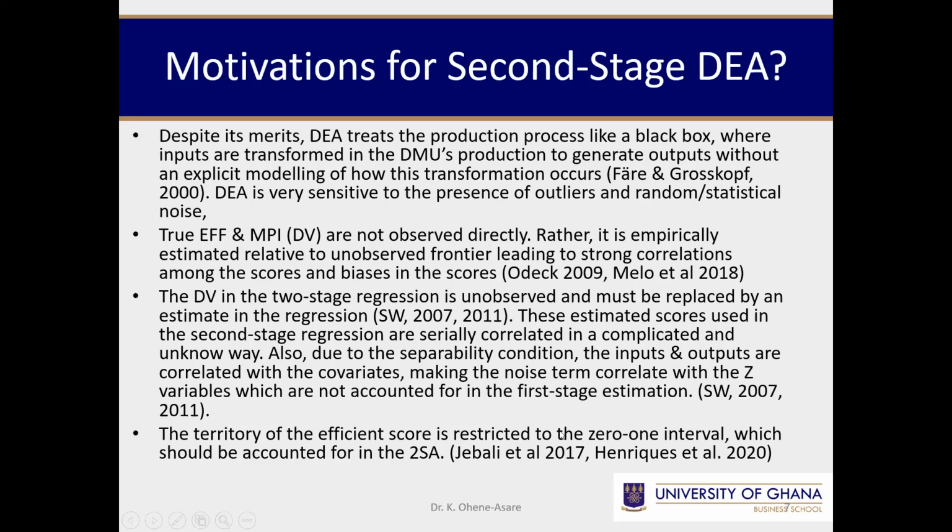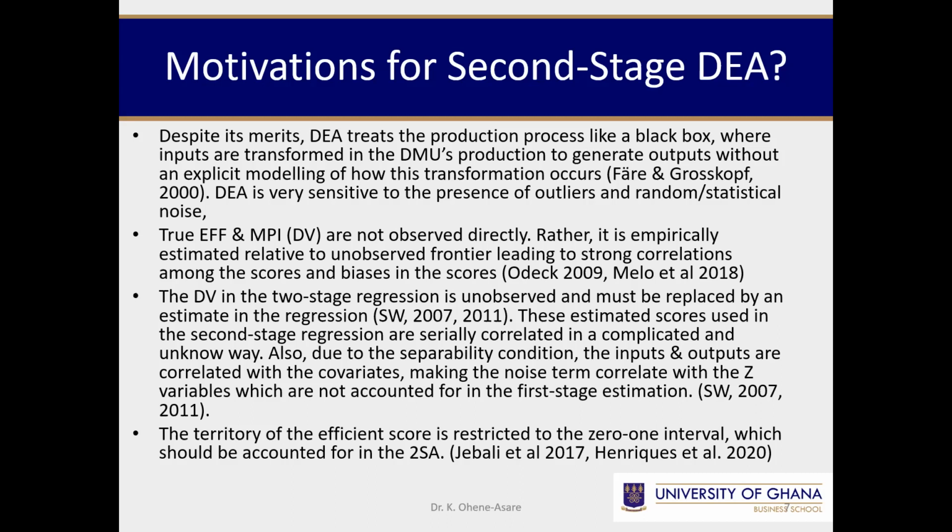And we know the efficiency scores in an input orientation are limited to the 0 to 1 interval. Of course, the output orientation can take the reciprocal and also be brought to between 0 and 1. So that situation where the scores are restricted should be accounted for in the second stage. Because those scores make the whole thing skewed, and if it is skewed, is regression going to do a proper job?